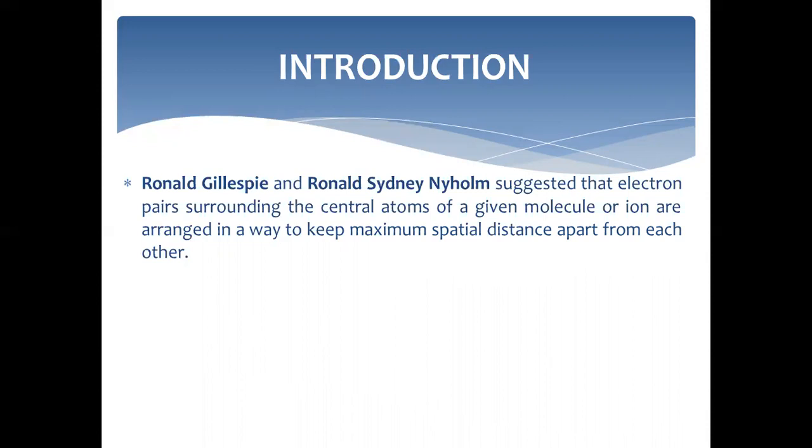So when you think about a molecule or structure, it might have both bonds and lone pairs. What they are saying is that, for a given molecule or ion, the electron pairs surrounding the central atom are arranged to maintain the maximum spatial distance apart from each other.